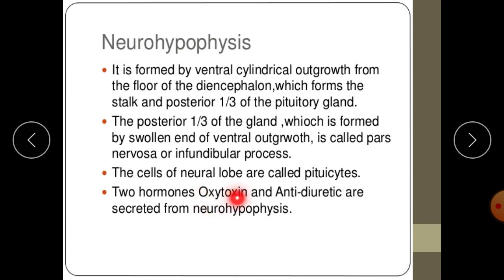Oxytocin and vasopressin, which is also called antidiuretic hormone, are the only hormones released by neurohypophysis. Oxytocin is necessary for the contraction of smooth muscles, and antidiuretic hormone is required for minimizing the outflow of water through the urine.